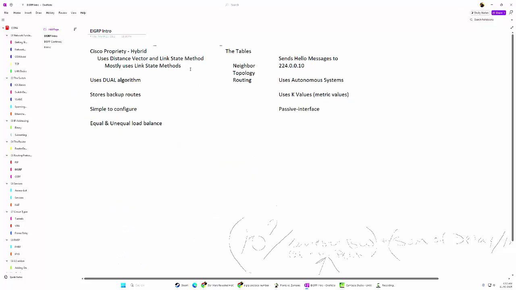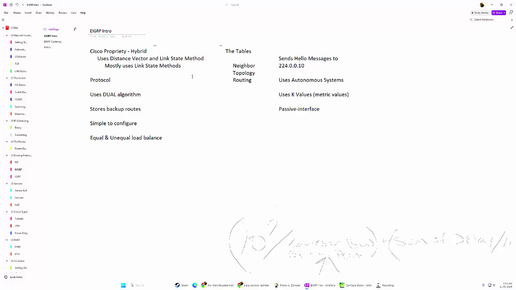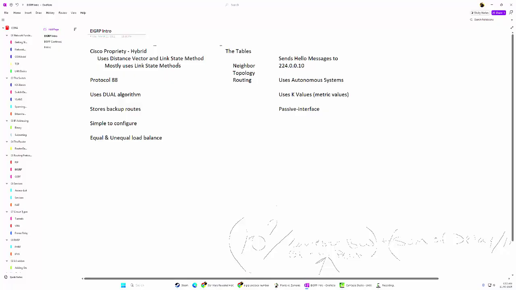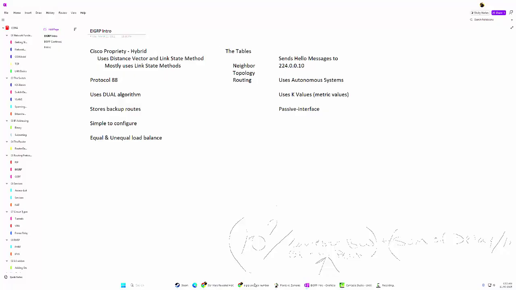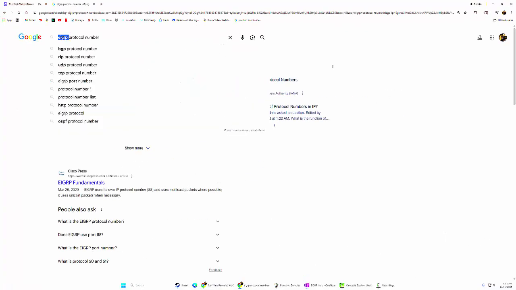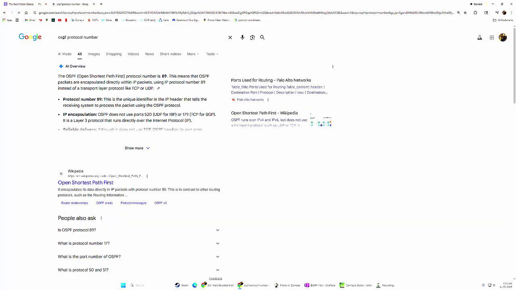So we could actually go here and say protocol 88. And let's look up OSPF as well, which I believe is 89. And it's 89.